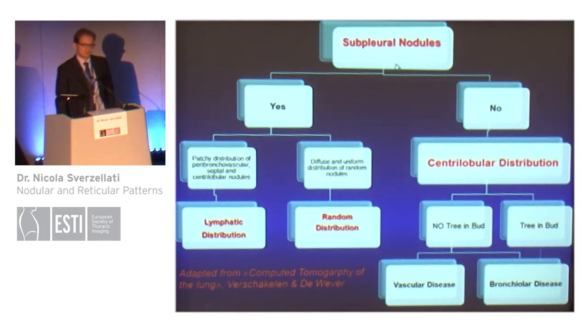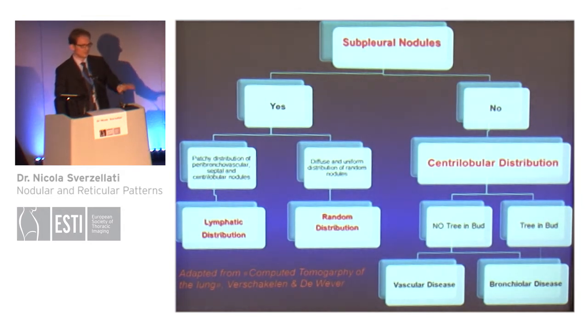Getting back to the first question, if the nodules are subpleural, also seen involving the fissures and the pleural surfaces, then we should differentiate between lymphatic and random distribution and consider the list of diseases associated with these two different types of distribution.